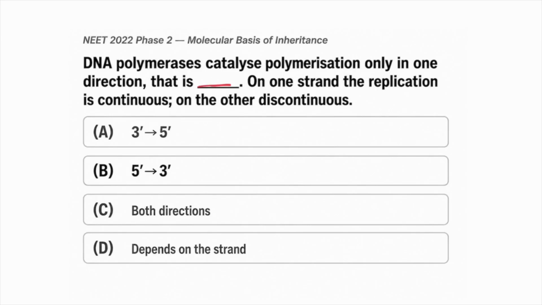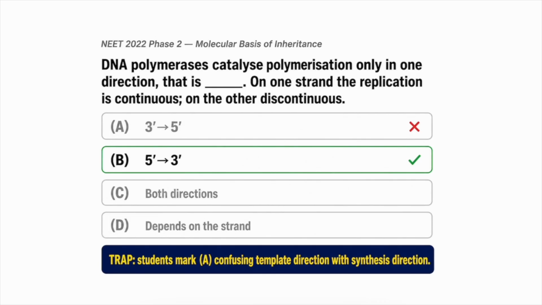Now most students mark 3' to 5' because they remember the template strand is read in 3' to 5' direction. But NEET is asking about synthesis direction, and DNA synthesis always occurs in 5' to 3' direction. So the correct answer is 5' to 3'.